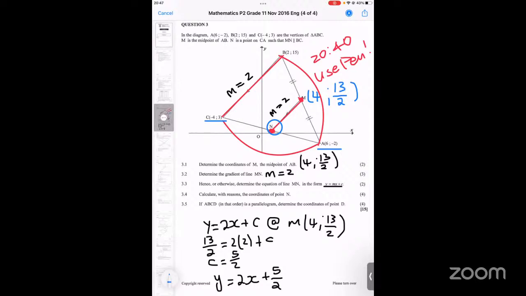And then with this question which says if A, B, C, D in that order is a parallelogram, determine the coordinates of point D. You don't need to be a magician to work out this question, honorable members.